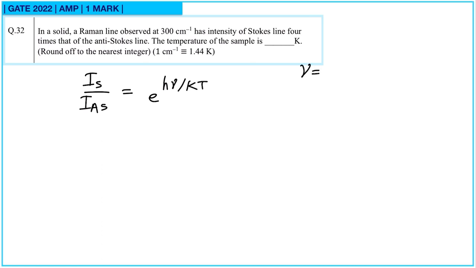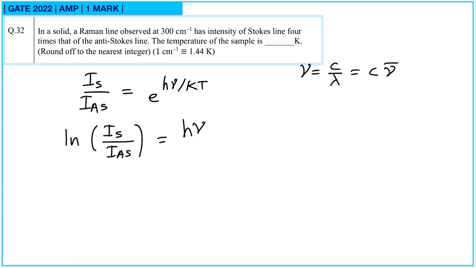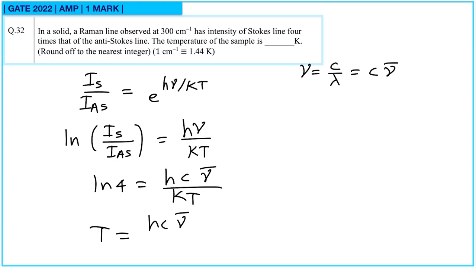Now nu is equal to c by lambda, or 1 by lambda is wave number, so nu bar. So this can be written as ln of Is upon Ias is equal to h nu by kT, and this is ln of 4 is equal to h nu, which is h c nu bar, upon kT. So T is equal to h c nu bar upon k ln of 4.